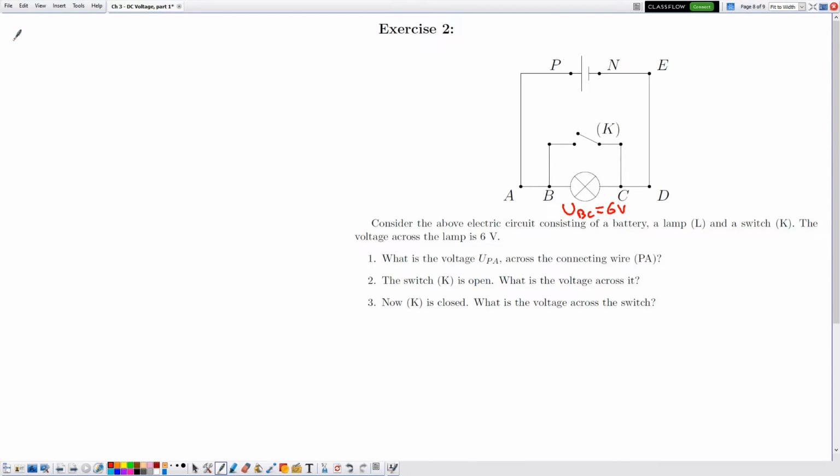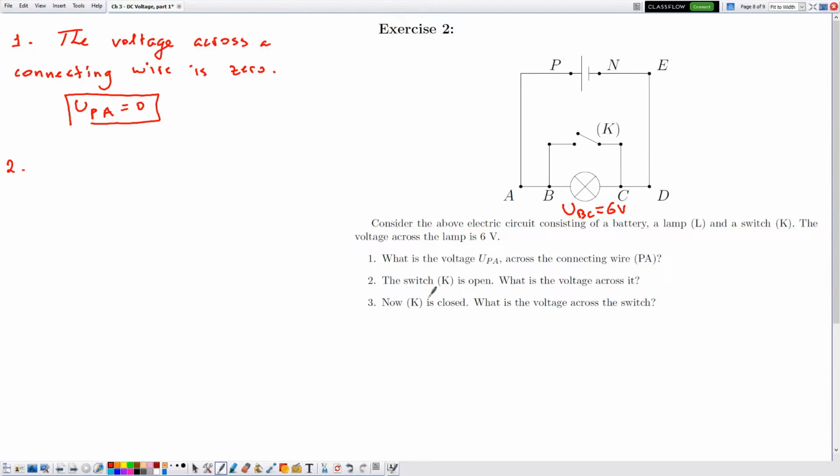Okay, number 1, they are telling me what's the voltage UPA across the connecting wire PA, and we know that the voltage across a connecting wire is always 0. For this reason, UPA is equal to 0.